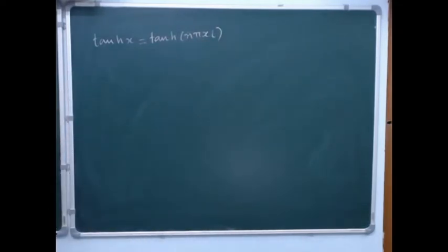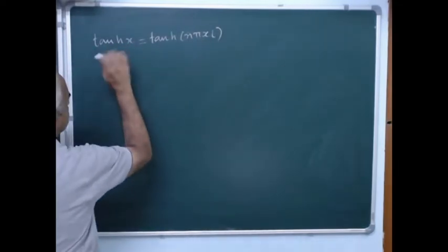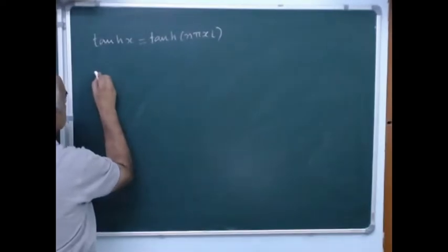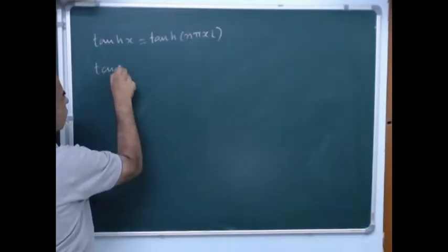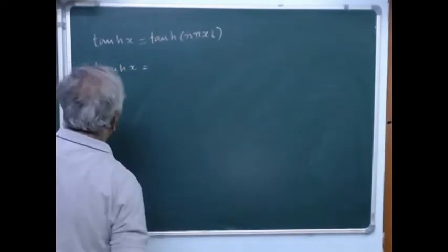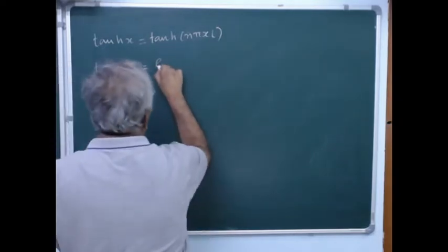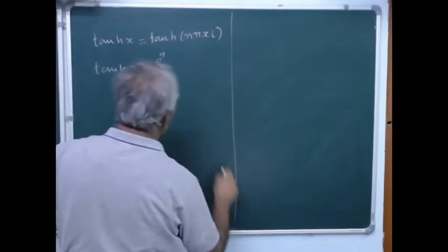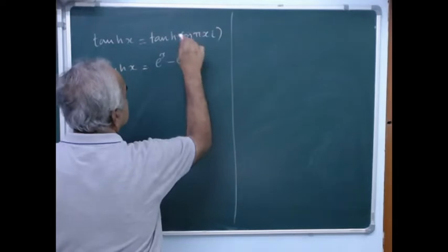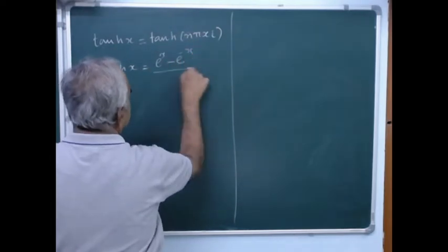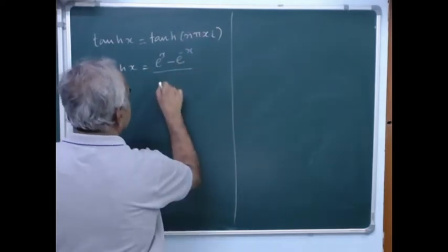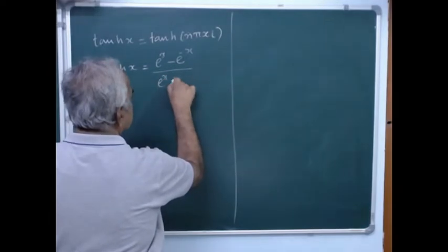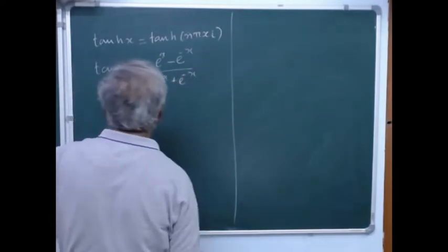Okay, let us prove, because this remains unchanged. Let us consider, we know already tan hx, that is hyperbolic tan of x, is given by e power x minus e power minus x divided by e power x plus e power minus x.